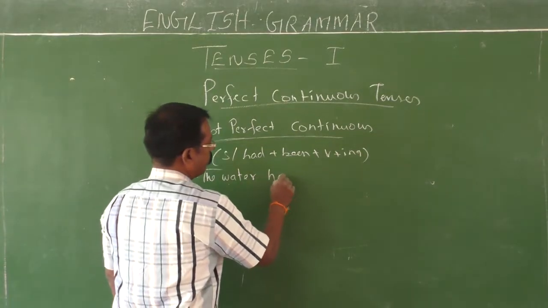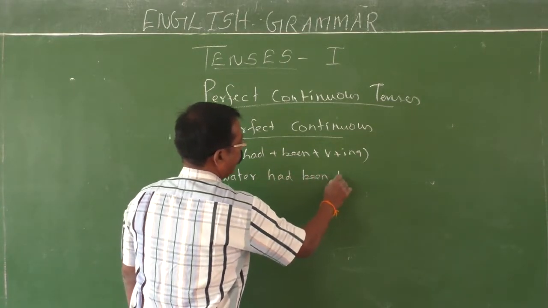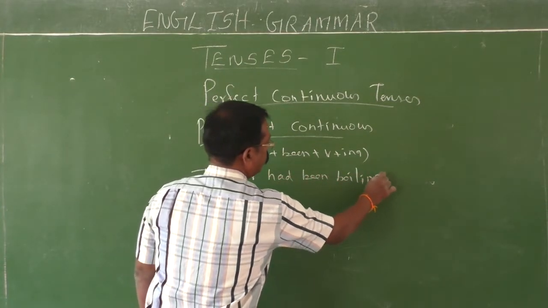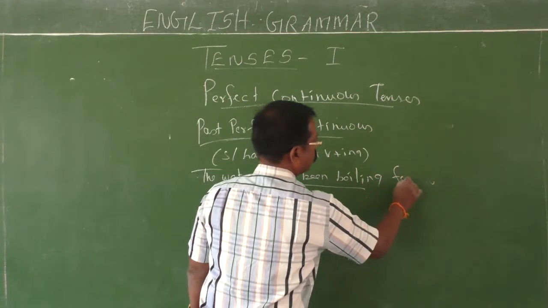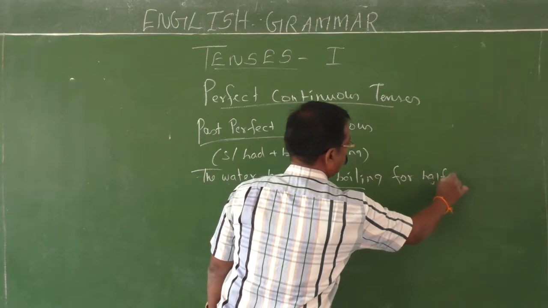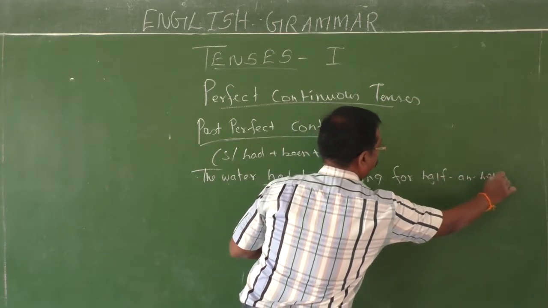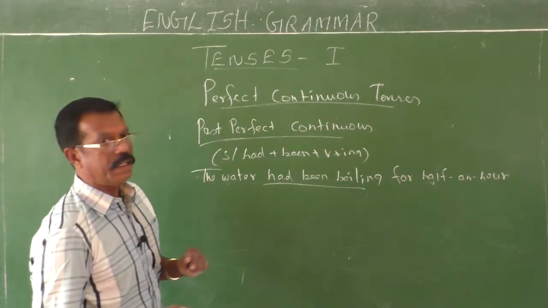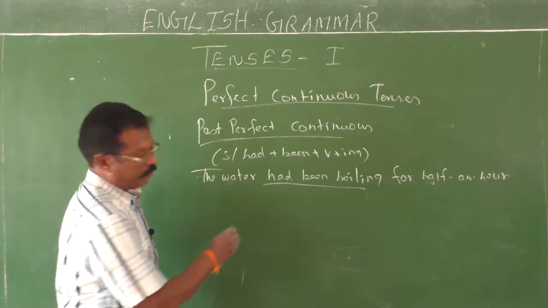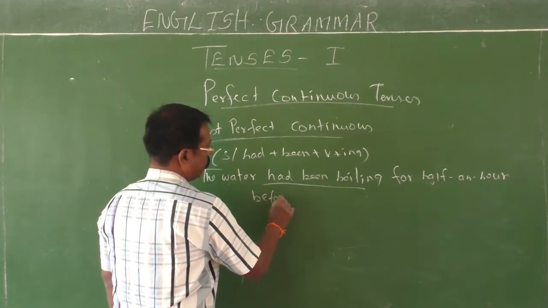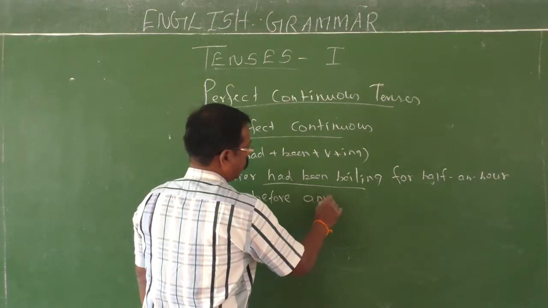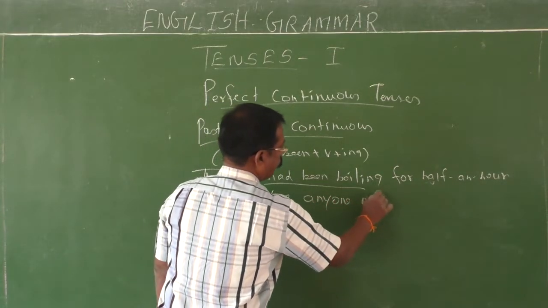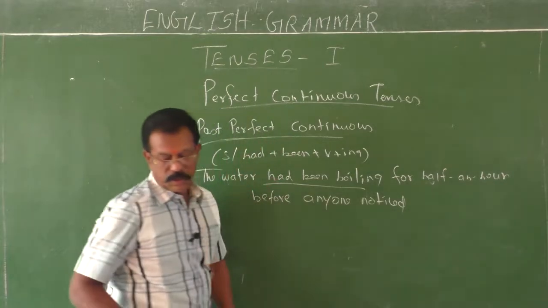had been boiling, past perfect continuous tense, for half an hour. The water had been boiling for half an hour before anybody noticed.